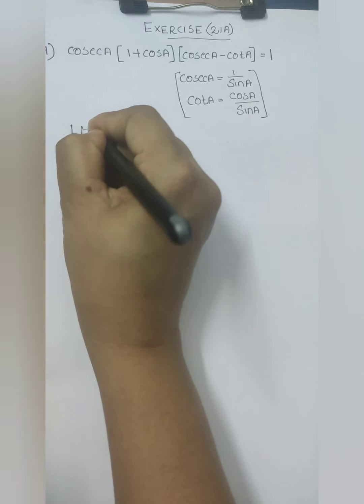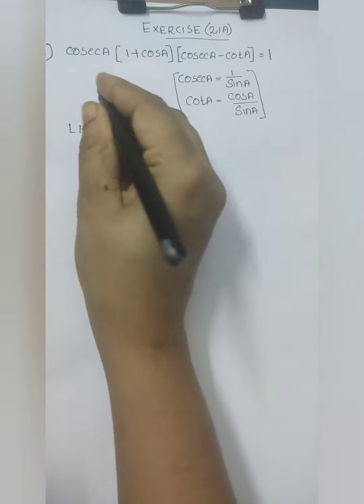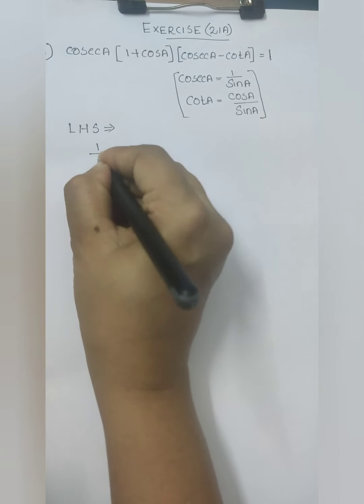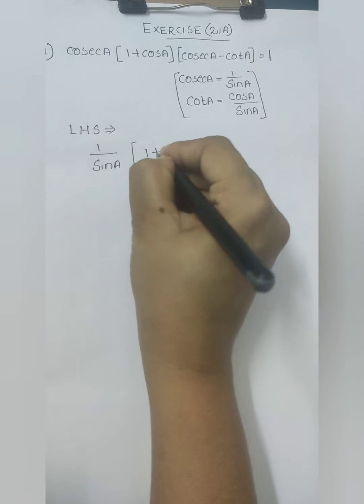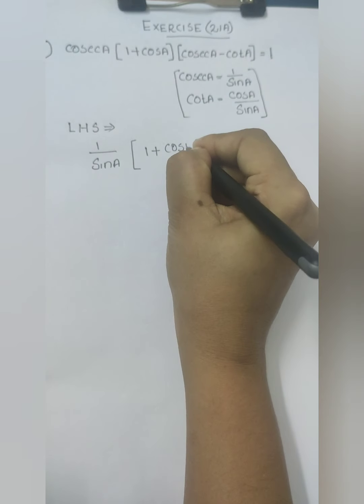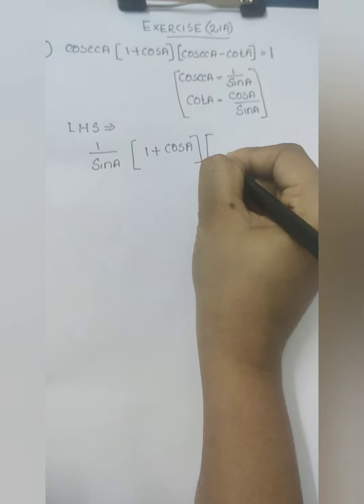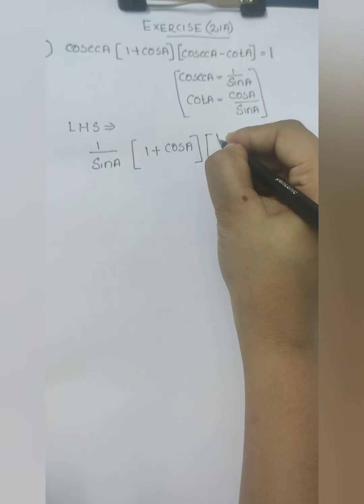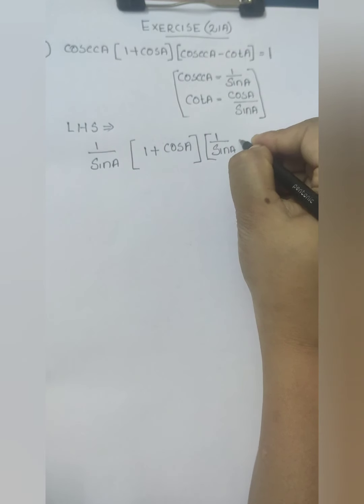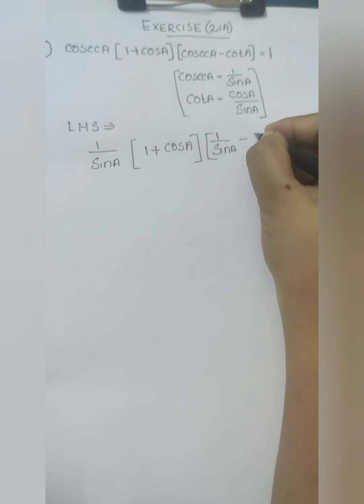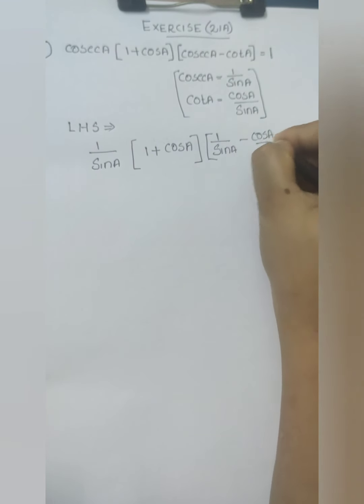So our LHS will become, instead of cosec a, 1 by sin a into 1 plus cos a into, instead of this cosec a, 1 by sin a minus, instead of cot a, cos a by sin a.